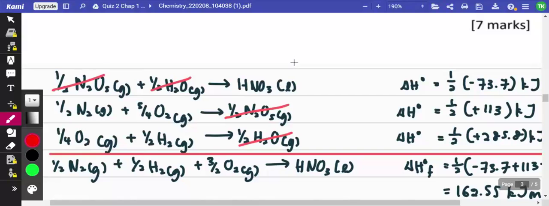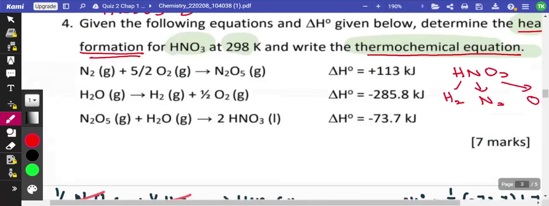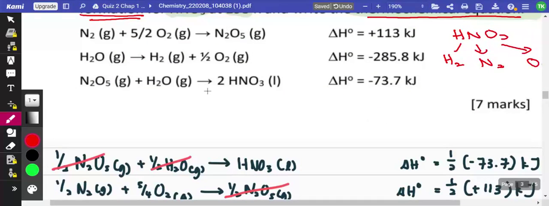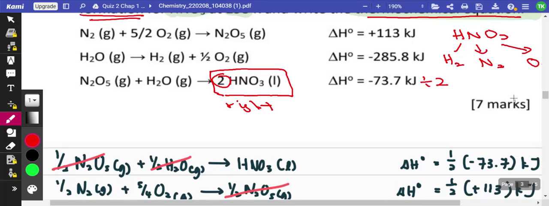Let's look at HNO3, which is on the right hand side. However, this one has 2. We don't want to have 2, so we will divide by 2 in order to get 1 mole.